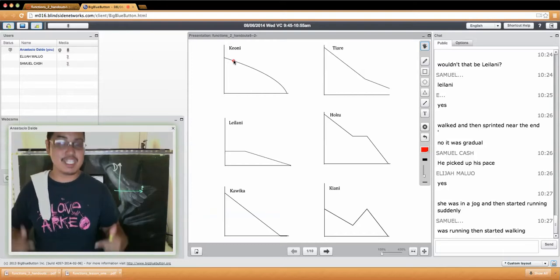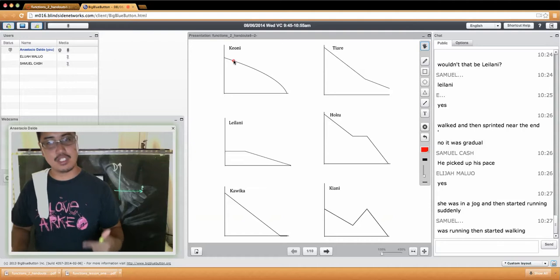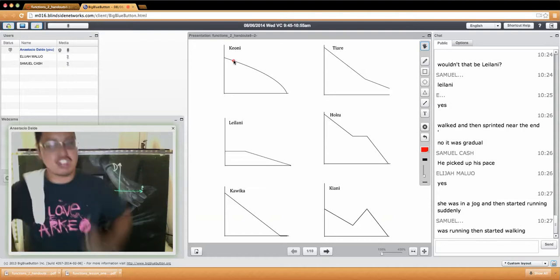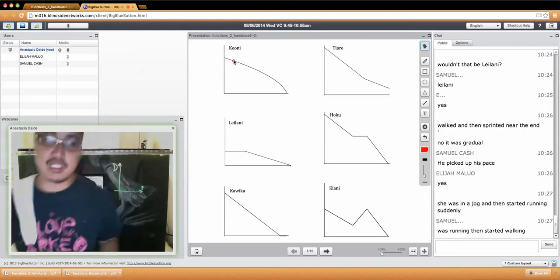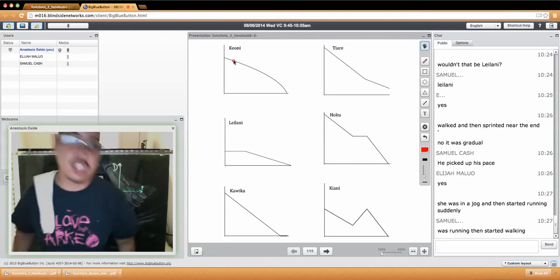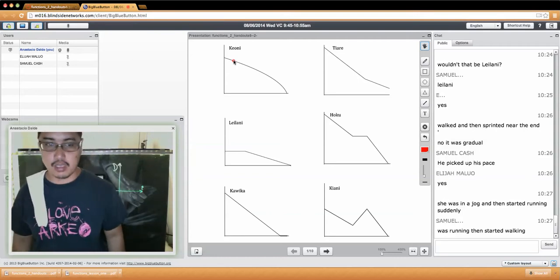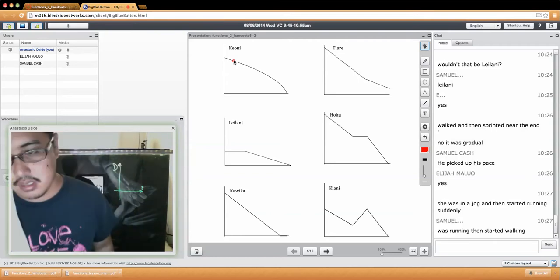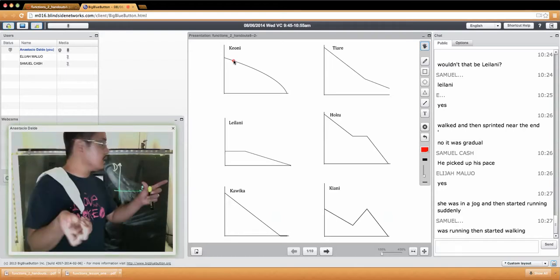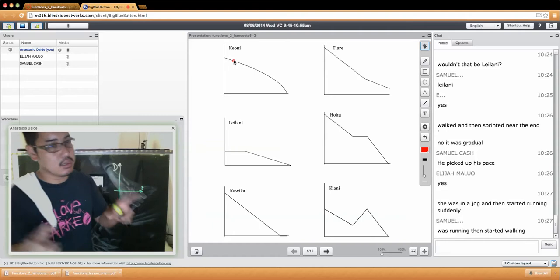She didn't speed up. What she did was she thought, oh, I'm late for the bus, so she started running to begin with, and then she realized, wait a second, I don't need to run. So she just went straight into a walk, or jog or something like that. The reason is that you look at the slopes, and the slopes are different.